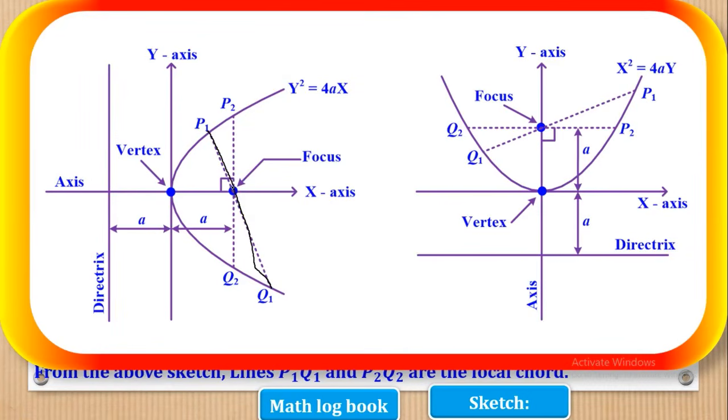If you realize, it passes through this focus, so that makes it a focal chord. Similarly, this other line P2Q2 passes through the focus, and that makes it a focal chord. Also in this case, as long as it passes through the focus, it will always be a focal chord.